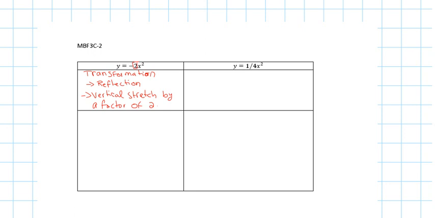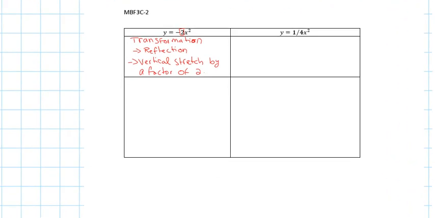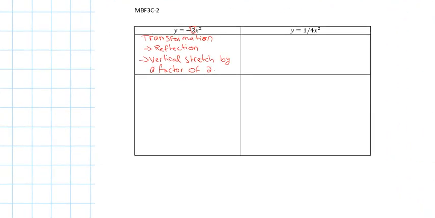In order to graph this, I'm going to have to use my step pattern. Can I just have your attention here? Put your phones away. Put everything away. Just pay attention to me, please.